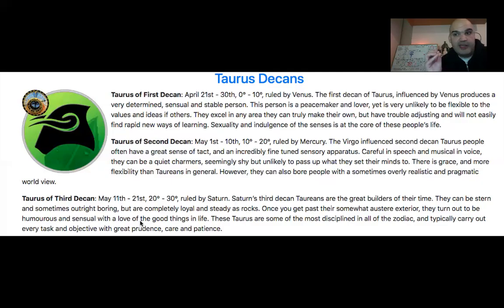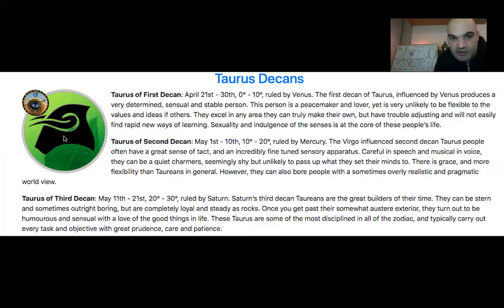So obviously the best thing to do for you to find out how this applies to you is to get your chart up and then check which planet is in which degree of which sign, and then you can see which decan it will apply to. So, just a quick example, like I said, my moon is in 18 degrees Taurus.